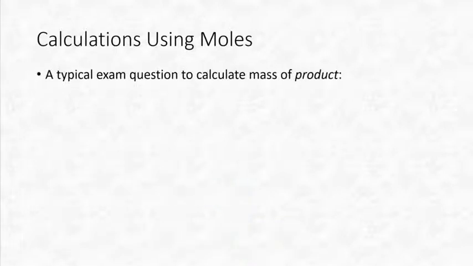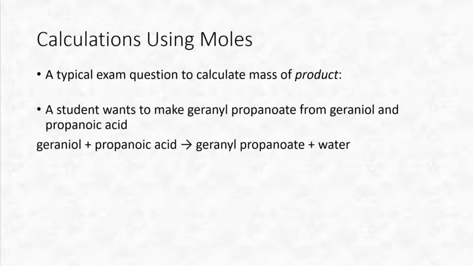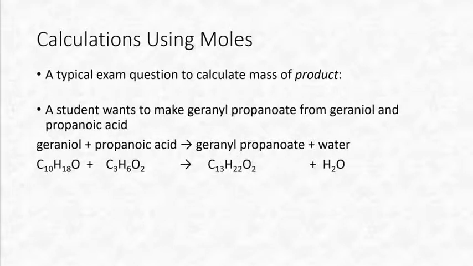How about an example where we need to calculate the mass of product that we expect? How about this question? A student wants to make geranyl propanoate from geraniol and propanoic acid. This is our word equation, and this is our formula equation.